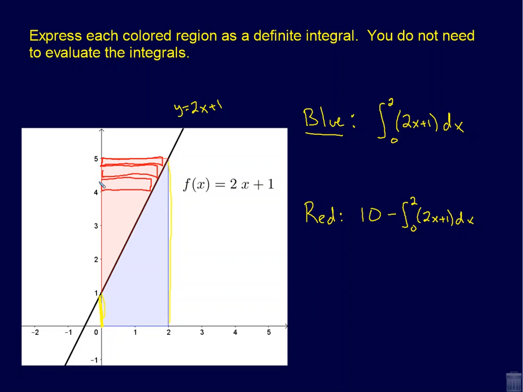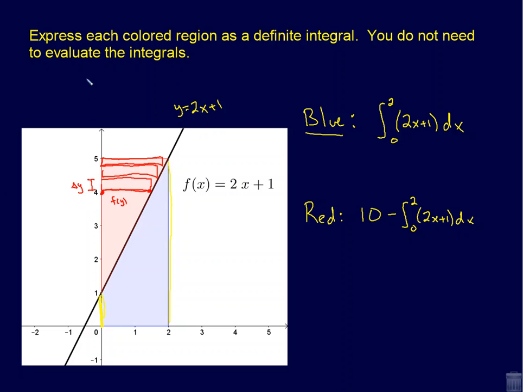So in this construction, this little width is the delta y, and this is a function of y, because we're picking the y and solving for x across this way. So I'm going to write this equation in terms of y by solving for x.